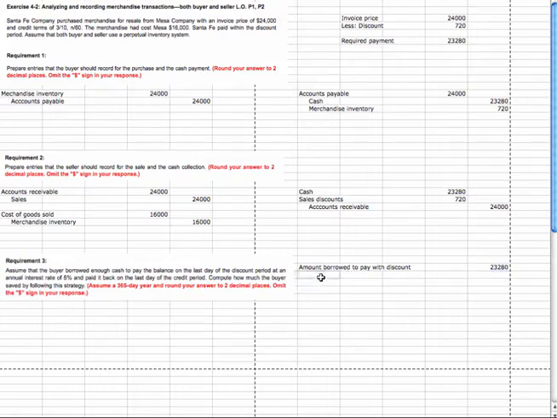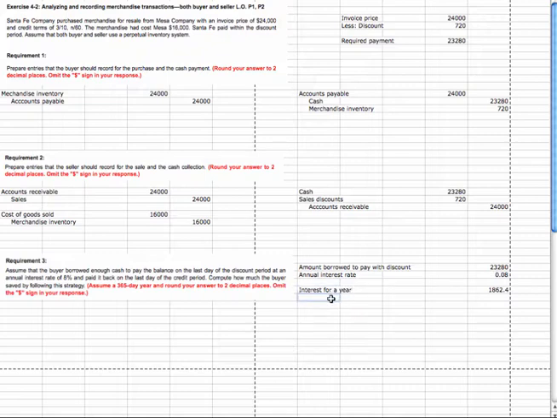At the annual interest rate, which is 8%, so I'll put 0.08. If I multiply what we borrow times our annual interest rate, we'll get $1,862.40. So this would be our interest for a year.